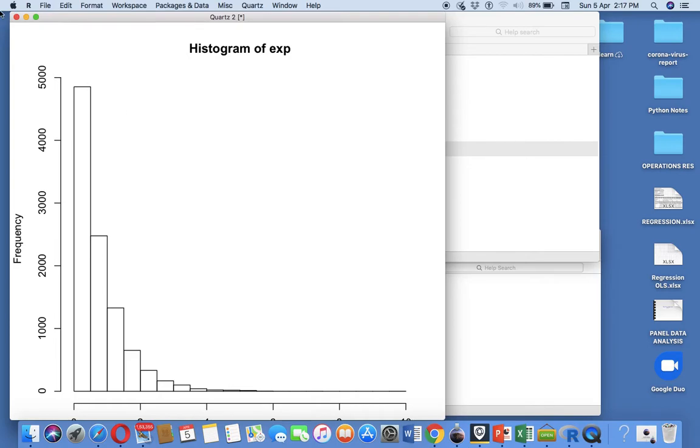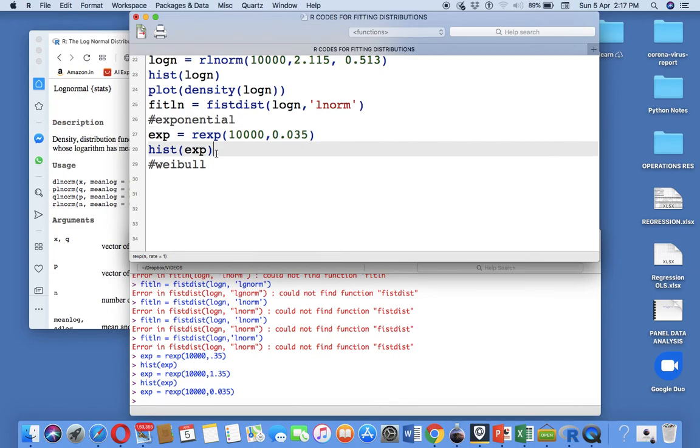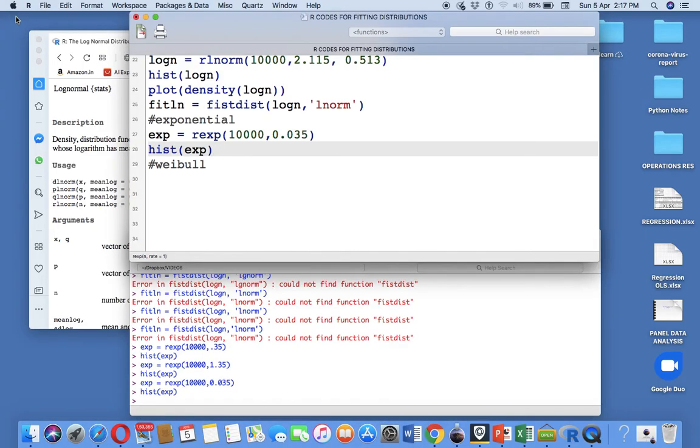So it gets a little more steeper as you decrease it and make it say 0.035. So it's changing the shape, but essentially the decline does not peak, it does not give you a peak, it just gives you a distribution.